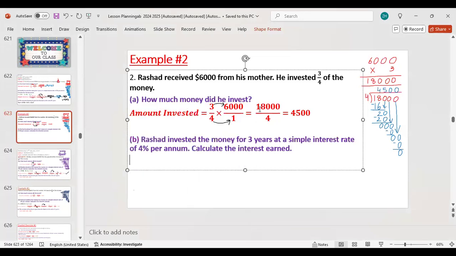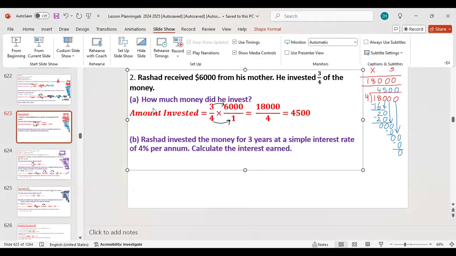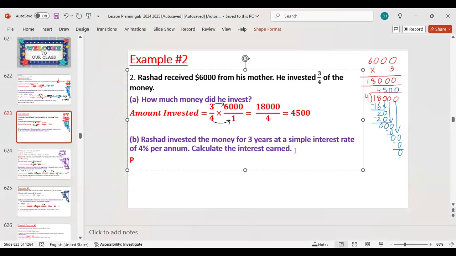So what is the principal? Let's see if y'all remember. 4,500, very good. What is the rate? 4%.